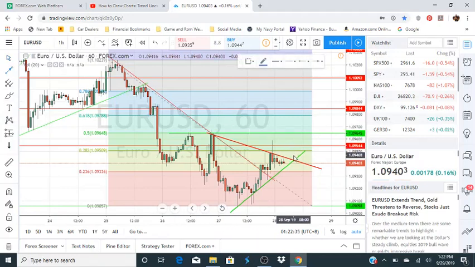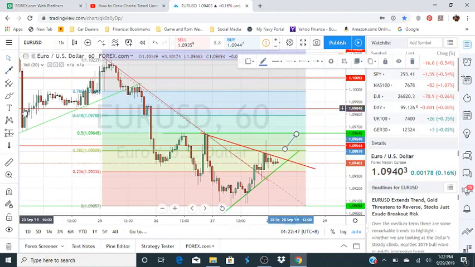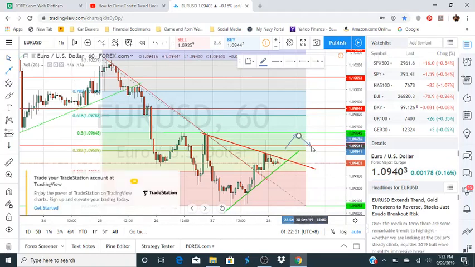So basically what we're saying is, hey, if it goes above this 509, we believe that it's going to go up to at least this area right here, the 648 area, where it could possibly reject at that area and come back down to this area right here, which will be now a new support.